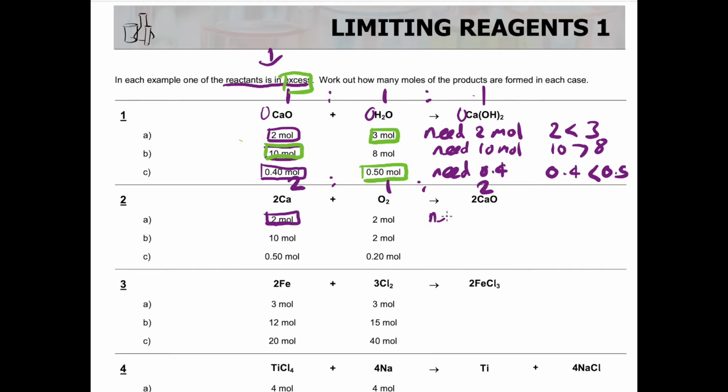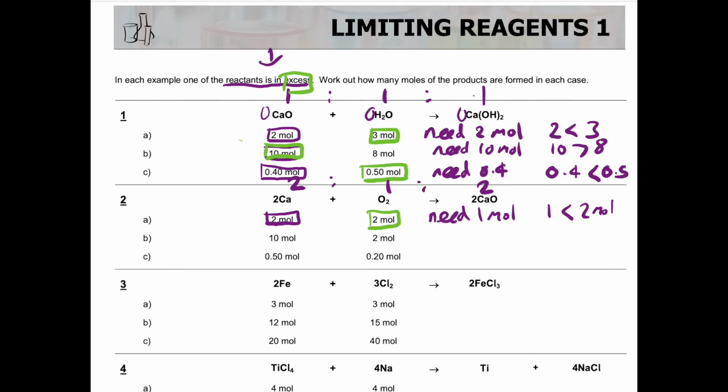So we actually only need 1 mole. Now that 1 mole is less than the 2 moles that we have, and therefore we've got an excess of our oxygen because we have more of it than what we need.